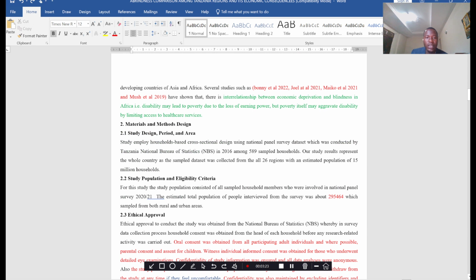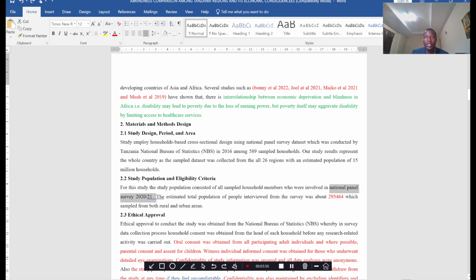In a nutshell, under material and methodology, our study employs household-based cross-section data. So this should be the cross-section data type, and we are going to use the national panel data sets of 2021.